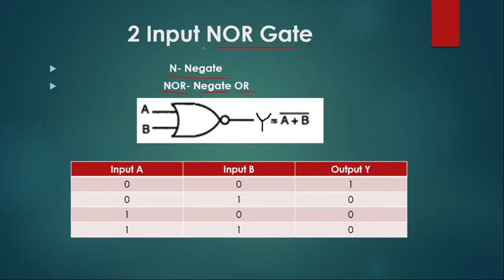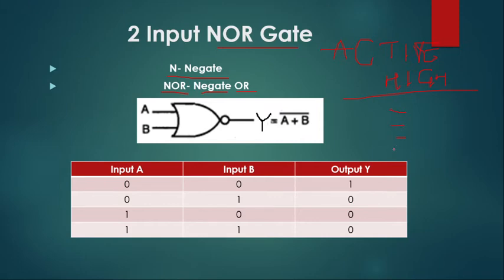That means your NOR gate is also known as active high. Active high means what? If any one of the inputs is 1, then the output is 0. Now how is this concept useful?